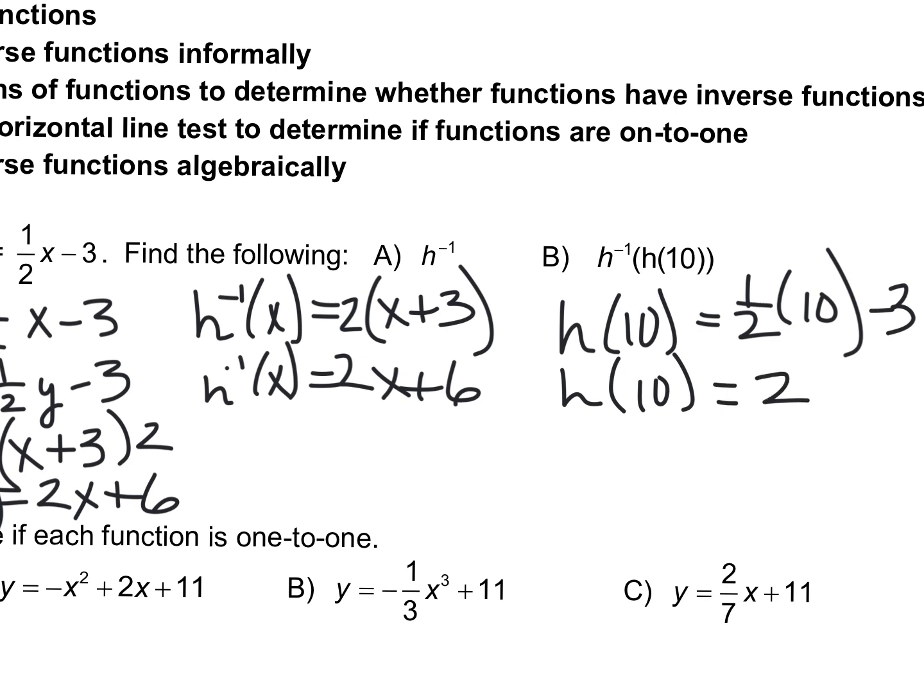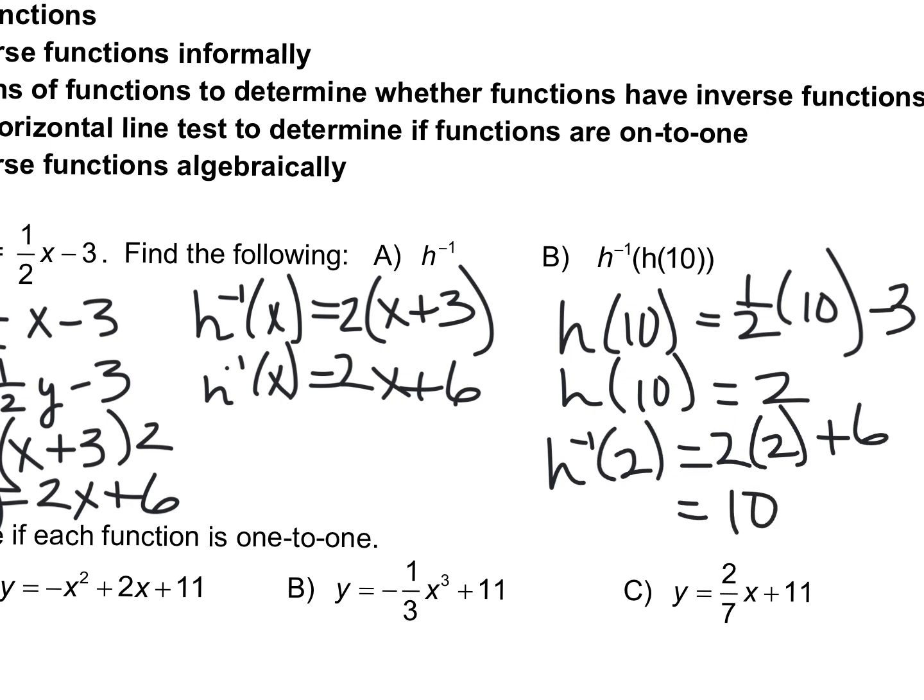Now I'm going to take 2 and plug it in for h inverse, because note, h of 10 equals 2. Again, that output of h is now the input for h inverse, 2. Now I have 2 times 2 plus 6 is equal to 10. Look at that. Same as the input.